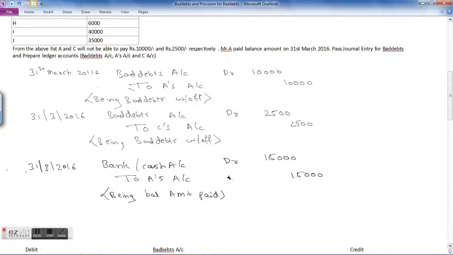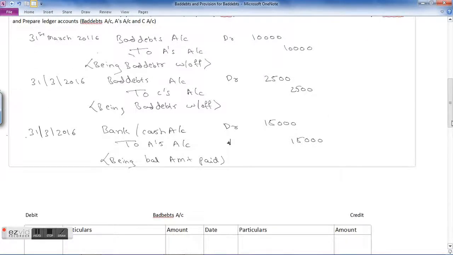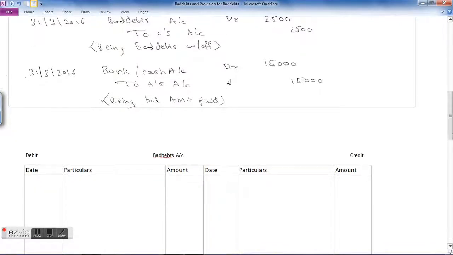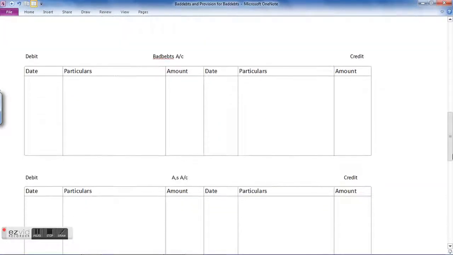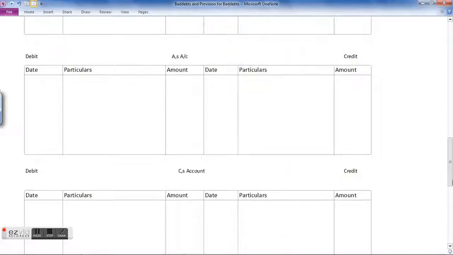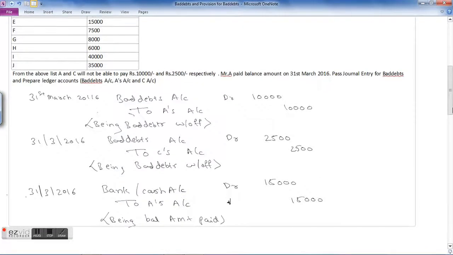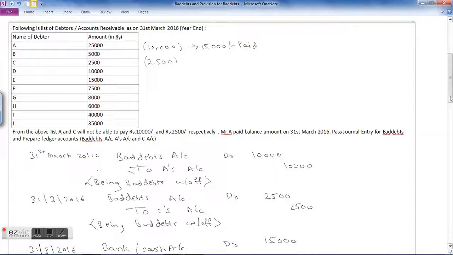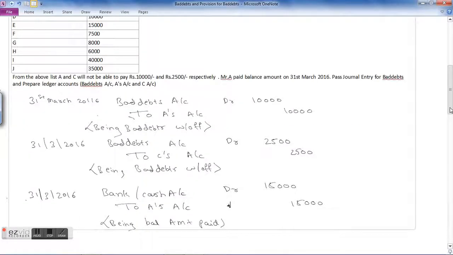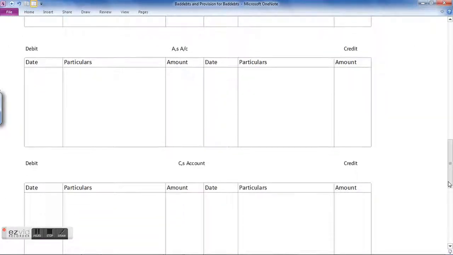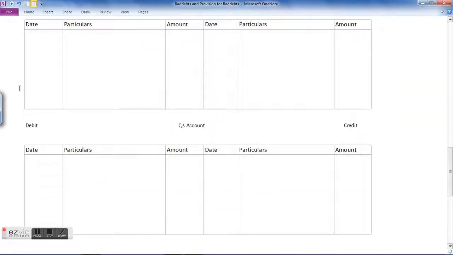Now I have already prepared the format of all the ledger accounts. We will post all these entries. First, A's account and C's account are debtors accounts, so there are some balances. We first post the entry for the balances, to balance brought down. Since they are debtors accounts, they will have a debit balance.